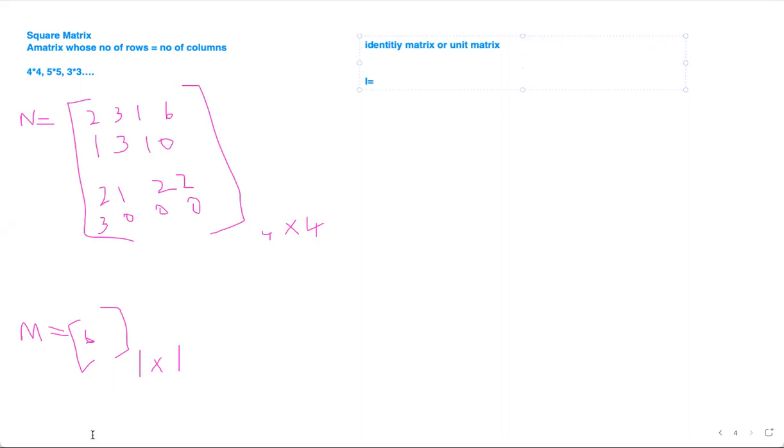I is equal to 1, 0, 0, 1. Okay. What is the order? 2 by 2. Correct. We always say 2 by 2. Okay. 3 by 3. Now, identity matrix is a matrix whose diagonal elements are 1. This side only we call as diagonal. And all non-diagonal elements are 0. समझ में आ रहा है?